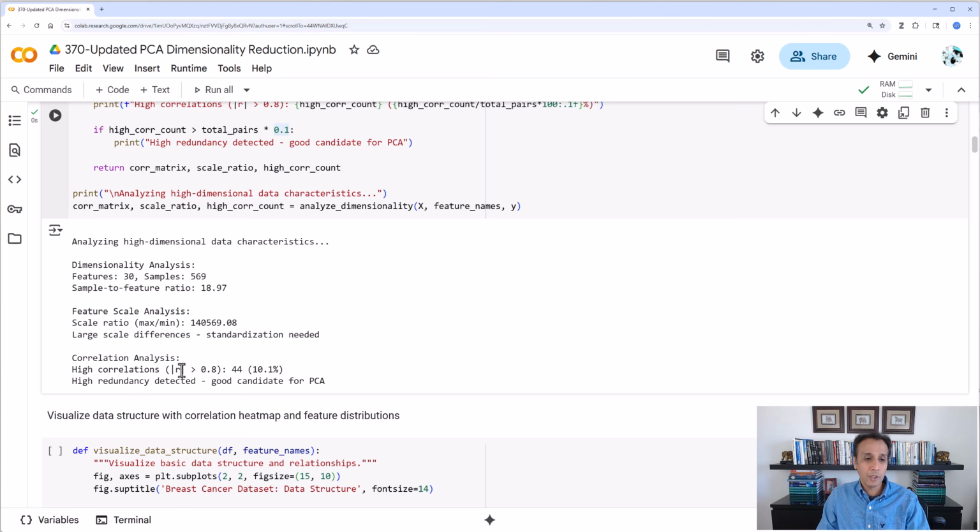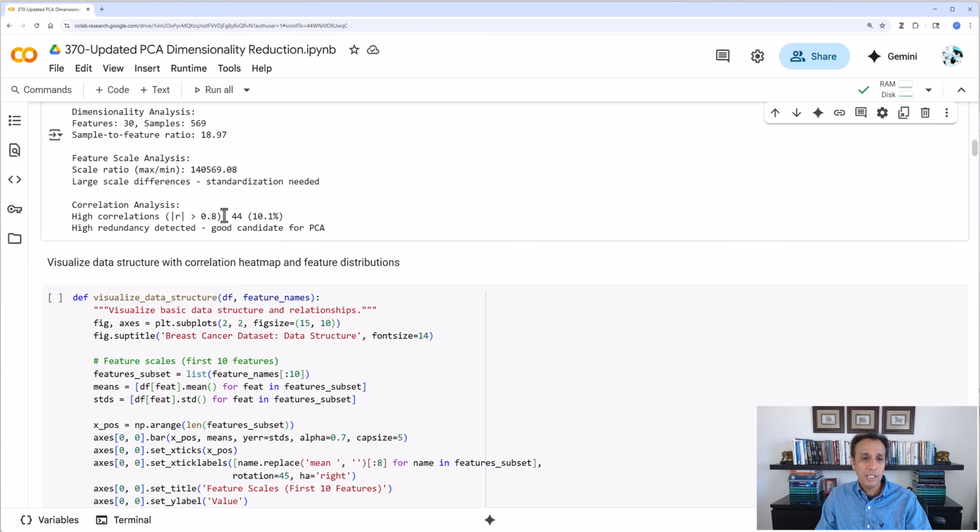So I'm printing the number of feature pairs with correlation higher than 0.8: 44. That's a lot. Because we have 30 features, we have about 400, 450 combinations of features, and of those, 44, about 10 percent, have high correlation. I bet they are area, perimeter, and those ones, but at least this gives you an idea of how many you are dealing with.